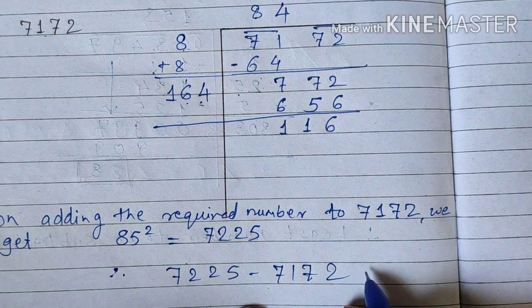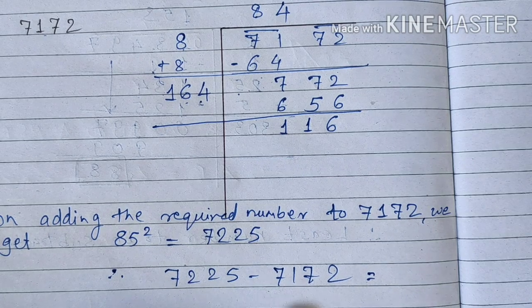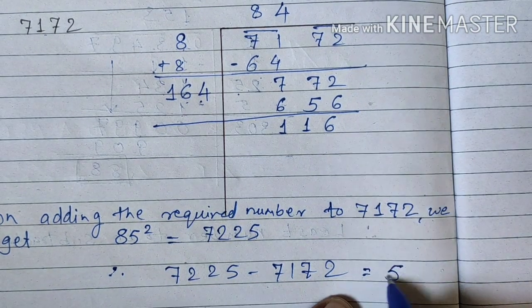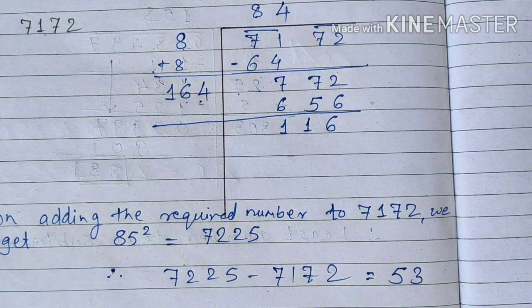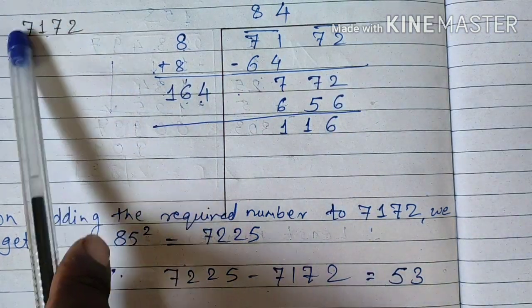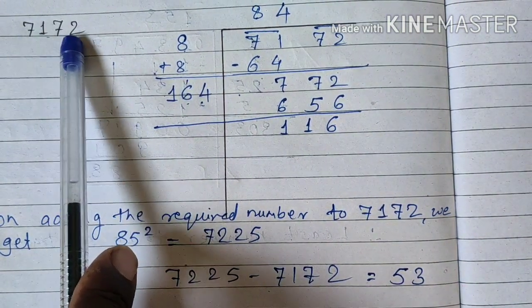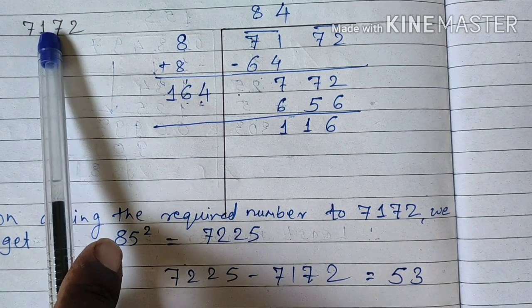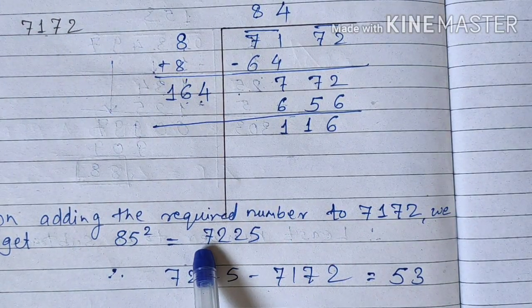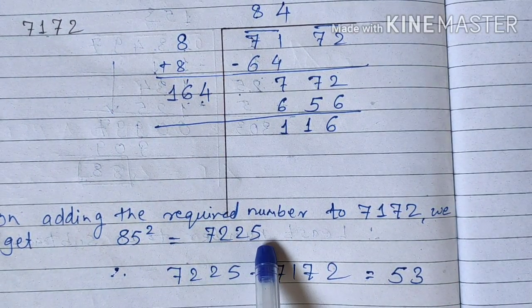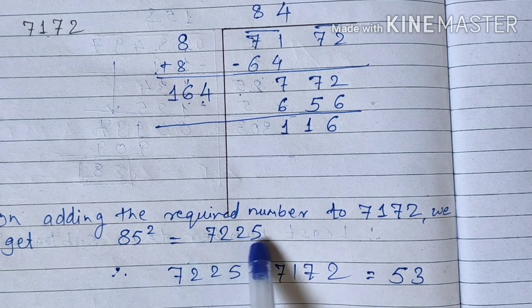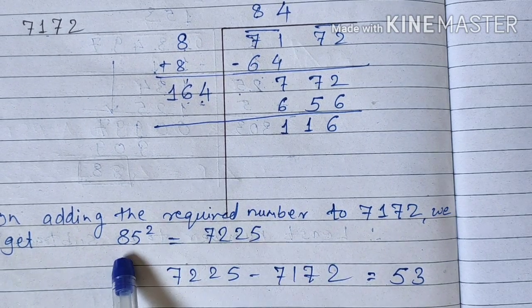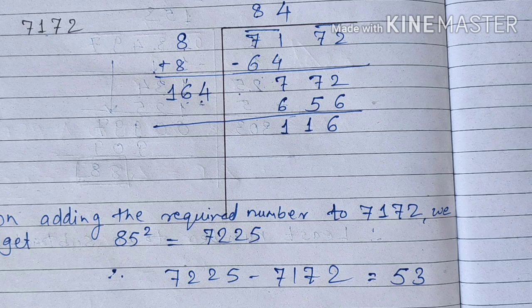What are we getting here? 53. So it means when we add 53 to this given number, the resulting number will become 7225, and this 7225 is a perfect square of 85.